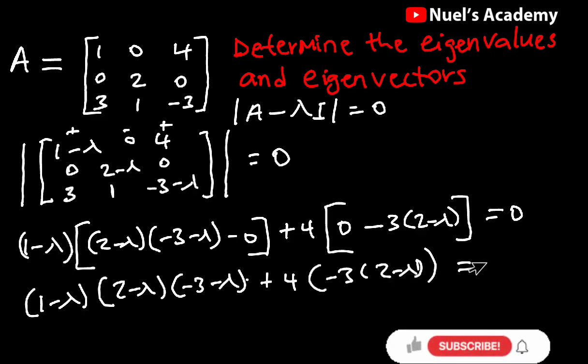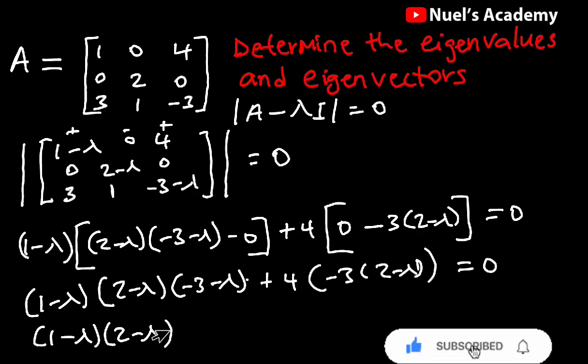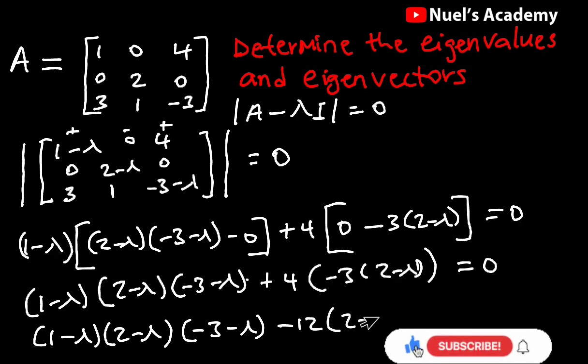Then this is equal to 0. So you have 1 minus lambda multiplied by 2 minus lambda multiplied by minus 3 minus lambda. Then 4 times minus 3 is equal to minus 12. Then multiplied by 2 minus lambda. Then all of this is equal to 0.